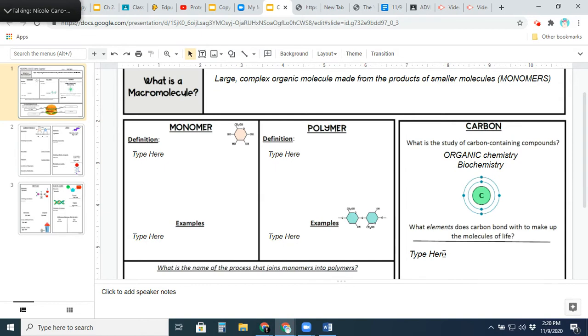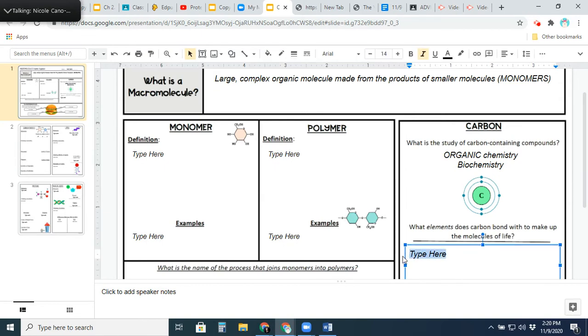So why carbon? What is up with carbon? Why is carbon so special? Well, first of all, guys, carbon only has 1, 2, 3, 4 valence electrons. And again, remember, the valence electrons are the electrons in the outermost energy shell. Well, 4 means it doesn't really want to run around and steal electrons. It doesn't really want to give its electrons away either.